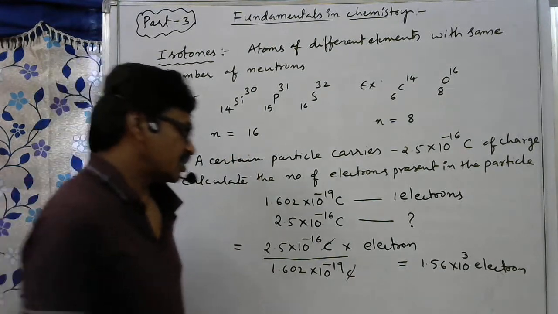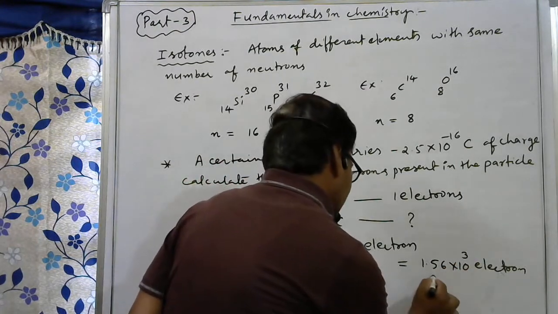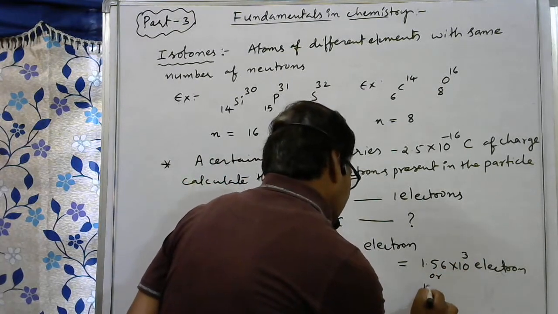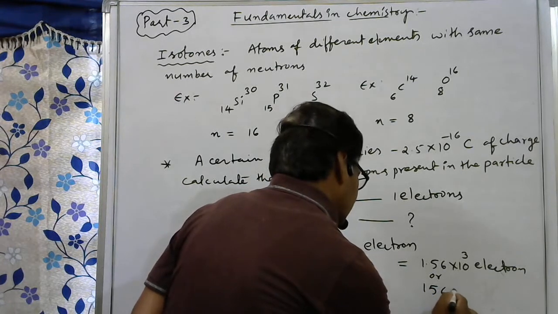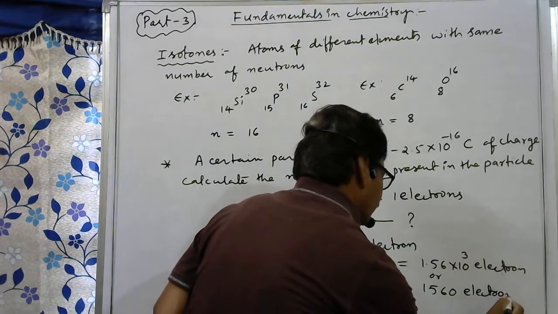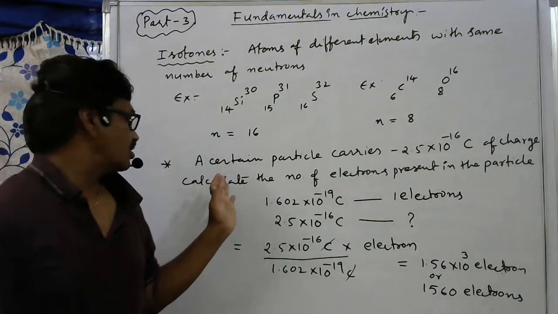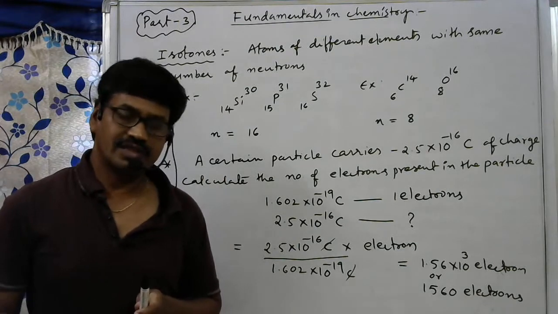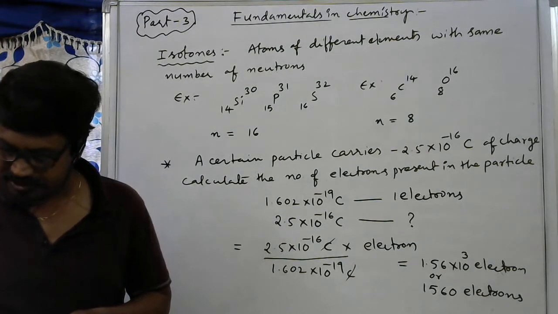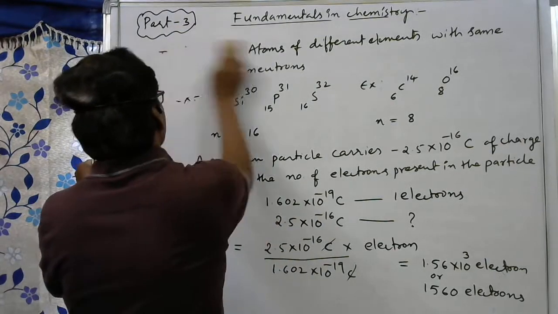Otherwise, if you move the decimal point, it is 1560 electrons. So this is about this particular problem.